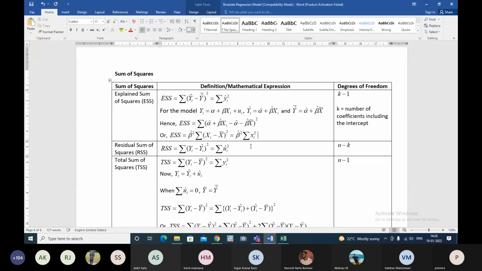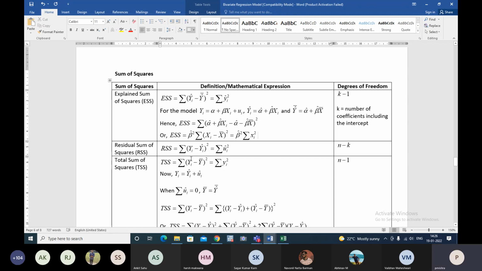Question is, to what extent such deviations from the mean are because of differences in income or variations in income. So in regression analysis, we basically aim at understanding why there is a variation like this.